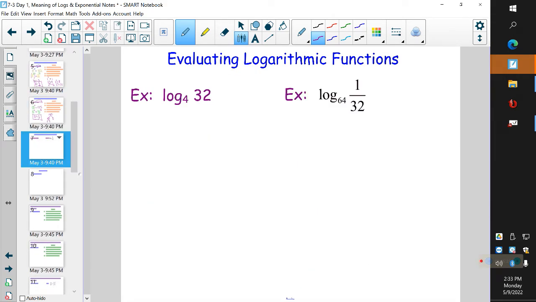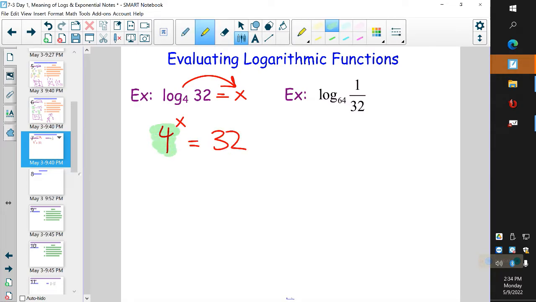Okay? Evaluate using logarithms. So we're going to make this thing equal to x. So now I'm going to say 4 is my base. I look across the equal sign and I grab my x and I set that equal to 32. 4 is the same thing as 2 raised to what power?